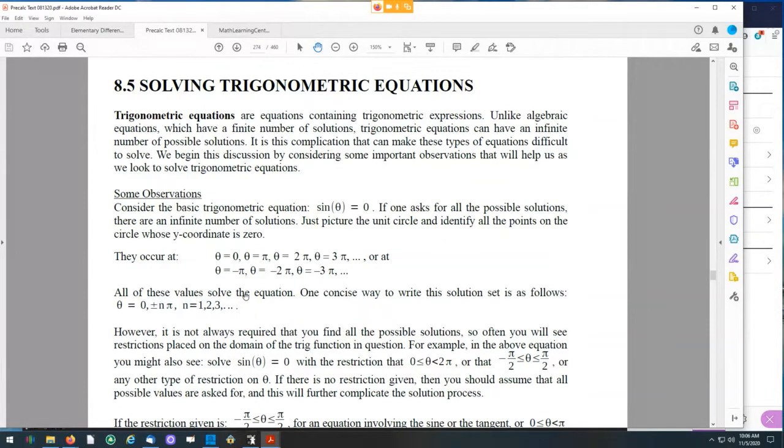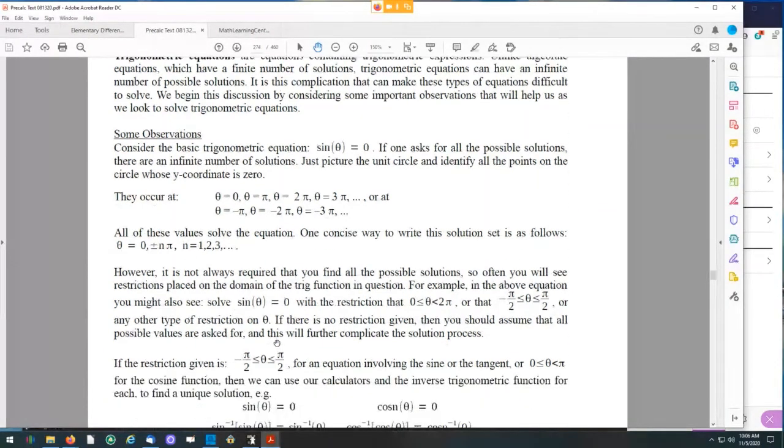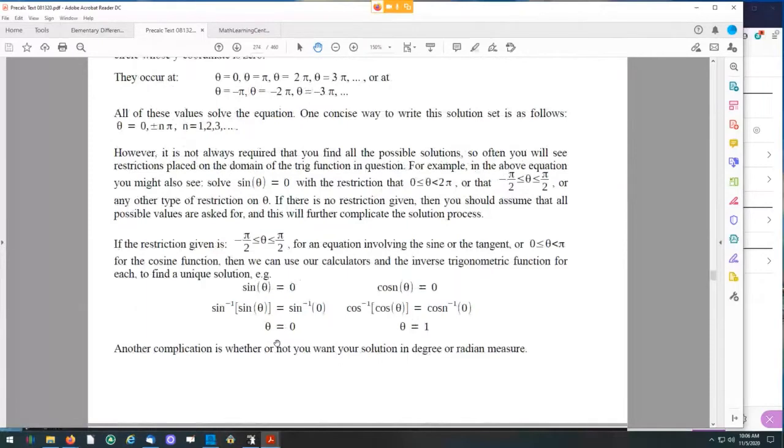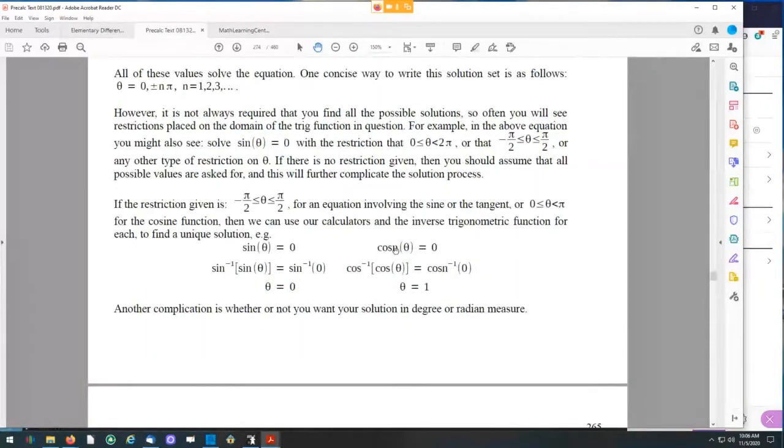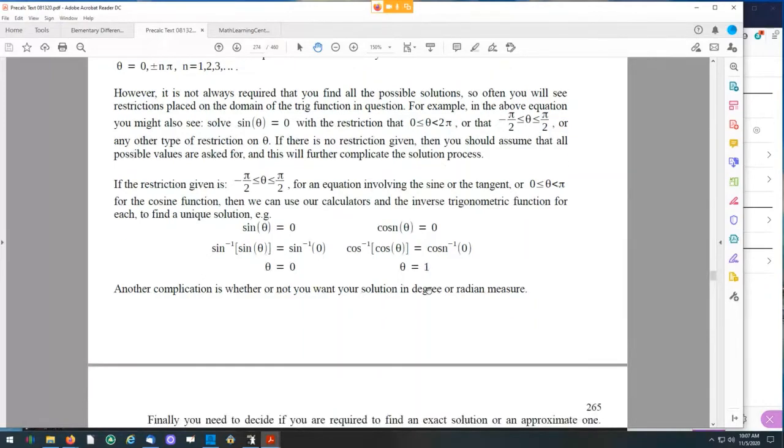If that's the case, then you have to pick the finite number of solutions out of this set that satisfy that condition. Now, I want to make a little correction over here. There's no n in the cosine, and more importantly, the arc cosine of 0 is not 1; it's pi over 2. That's a typo in the textbook.